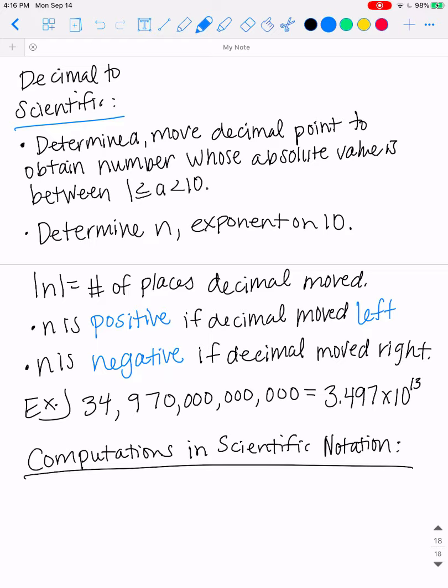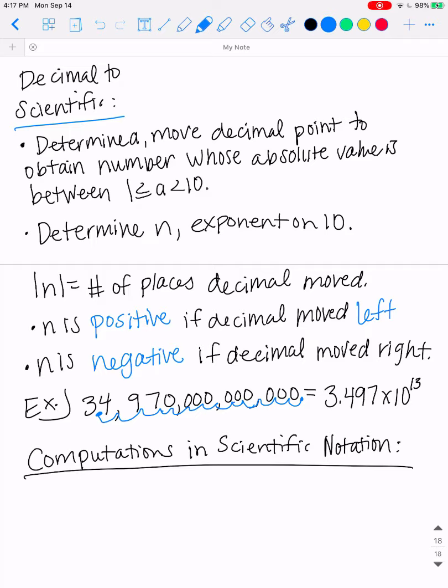Here, that's our decimal right here at the very end of this very large number. We're going to move it until we get a number that's between 1 and 10. So it's 1, 2, 3, 4, 5, 6, 7, 8, 9, 10, 11, 12, 13.